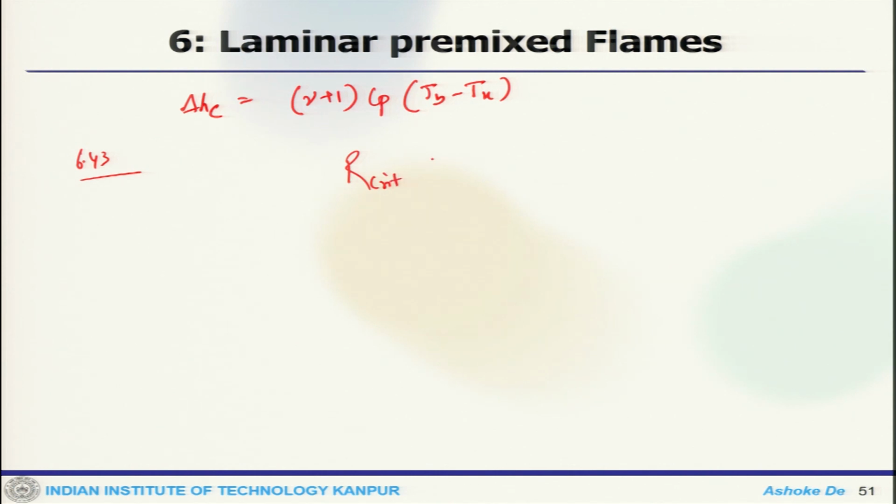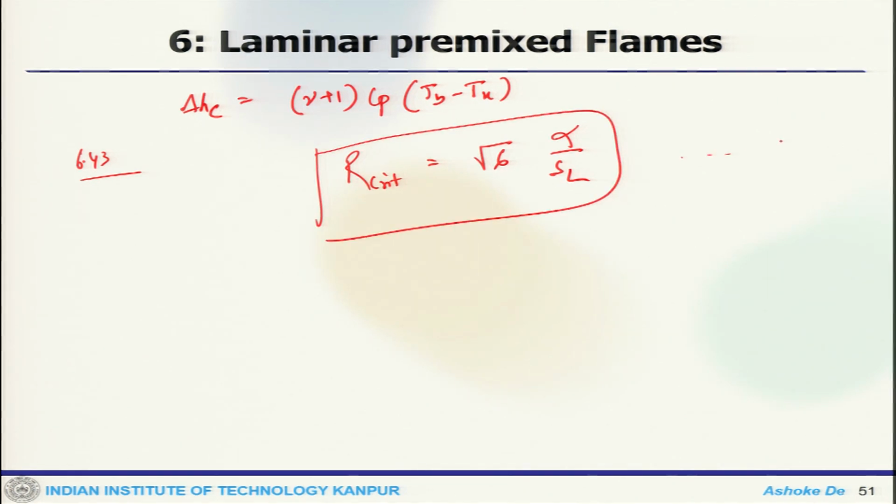R critical equals root 6 alpha by SL. So, you get the critical radius, and here alpha is k by rho Cp. Now, if you replace these things with delta, one can rewrite this as root 6 by 2 delta.